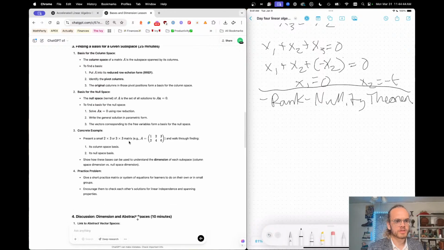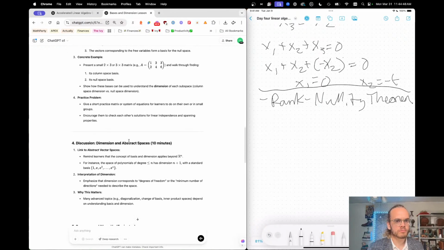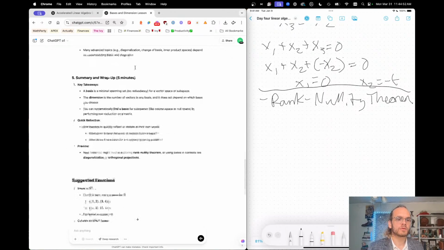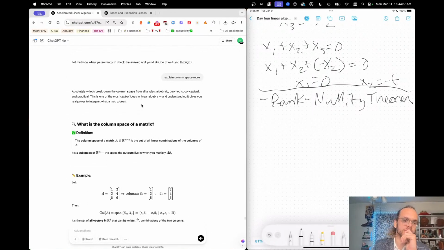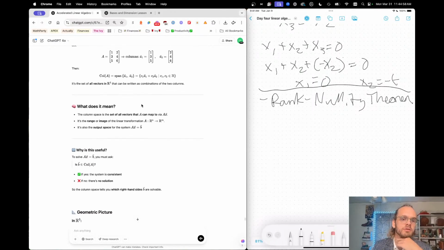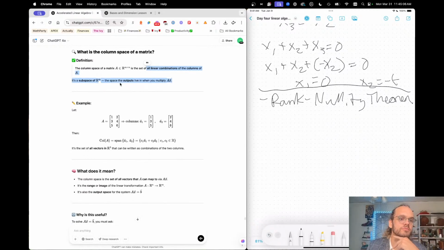The null space. Let's see how long this is. All right, jumping between worlds here. Column space is all the linear combinations of the columns of a matrix.